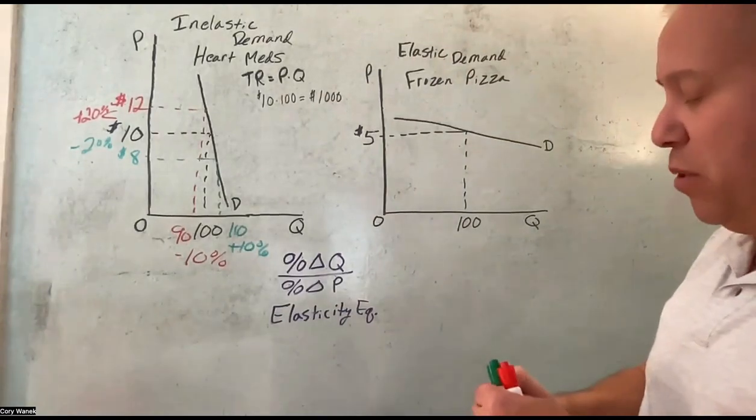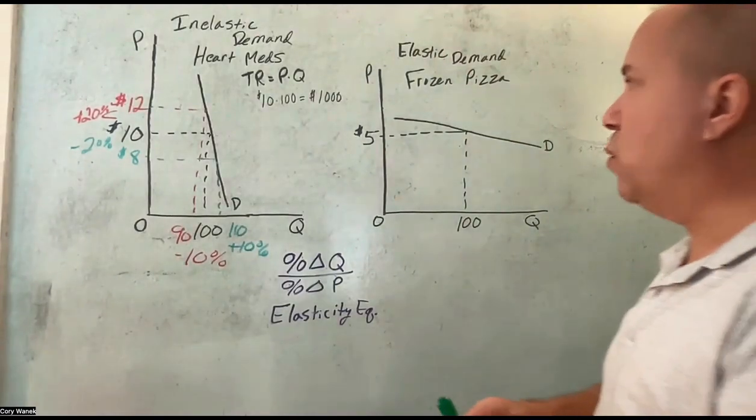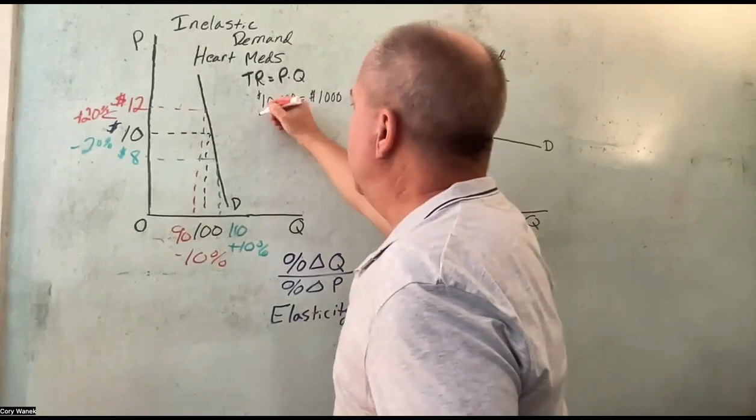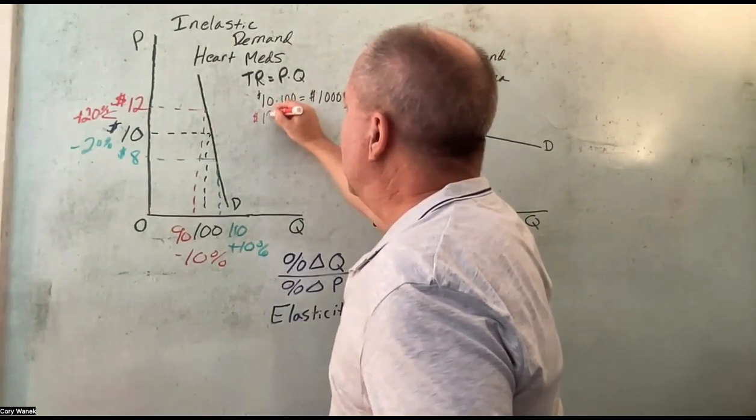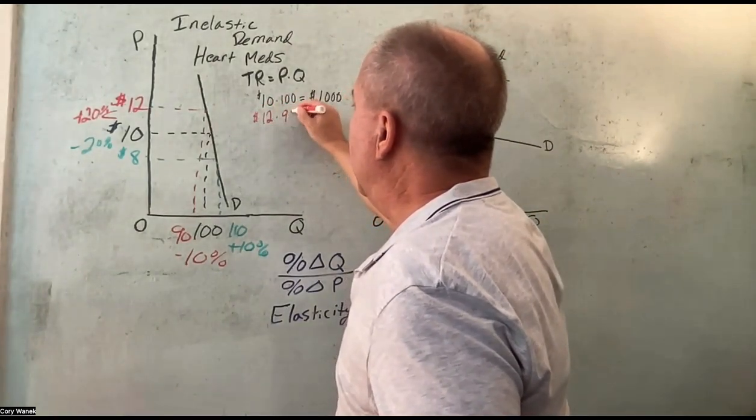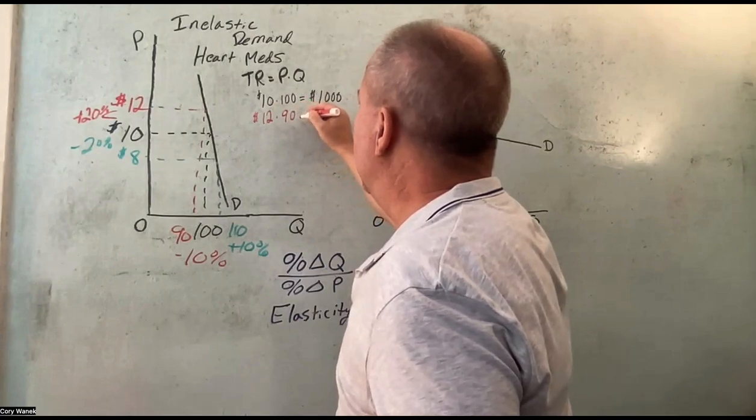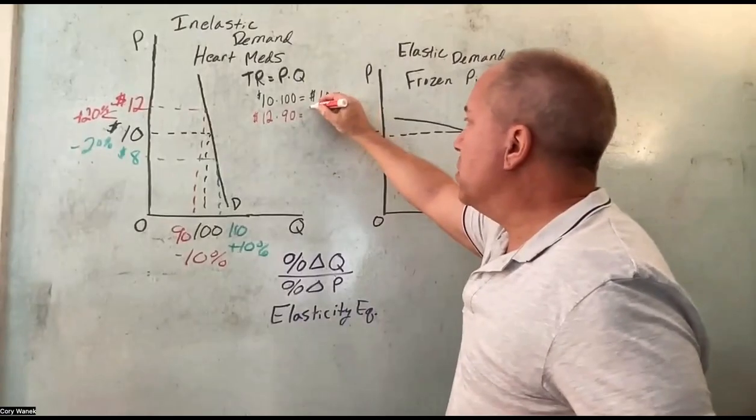Now when we raise the price to $12, $12 times 90 will be $1,080.